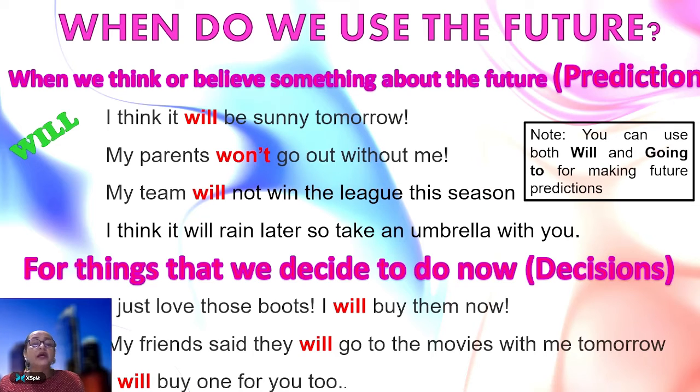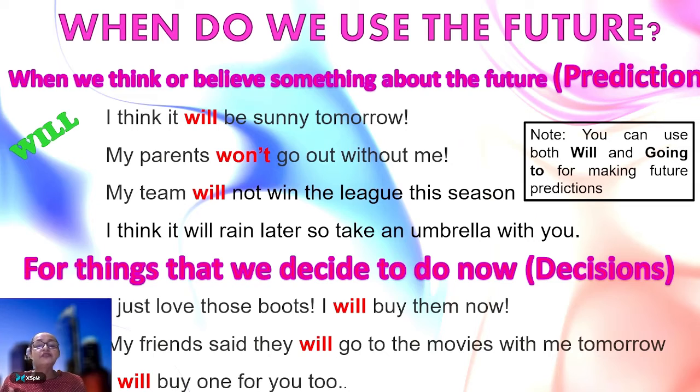In will, not. Also, you use will for things that we decide to do now. For example, I just love those boots, so I will buy them now. There is a pair of shoes that I like, and because I made a decision, I will buy those shoes. That's a decision that I made just in a moment.